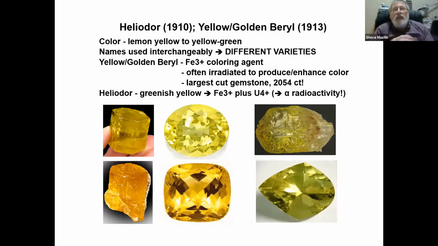And the largest cut gemstones can be very large because they can be produced by irradiating large crystals of a different beryl variety and wiping out the color components with radiation, so that the only thing that's left is iron. And that's one of the trickier things about beryls.